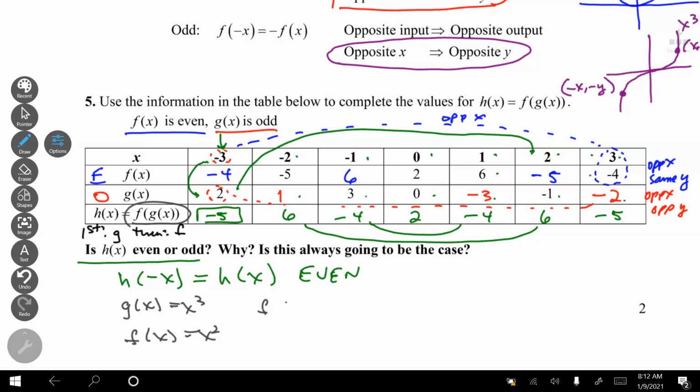So f of g of x will equal f of x cubed, well, that would be x cubed squared, which is x to the 6th. So an even function is pretty strong. It kind of overtakes. So h was even because I had opposite x's give me the same y values, and I showed you that when I do an odd inside of an even, I'm going to get an even result.